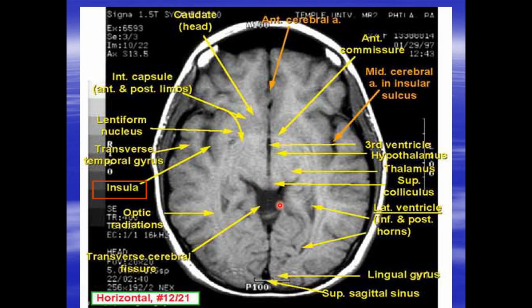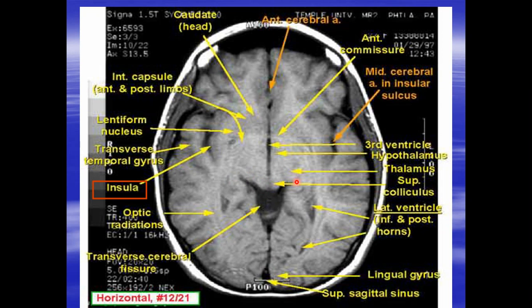And this structure here is a cistern, and you can see here the occipital horn of the lateral ventricle posteriorly, and on the medial aspect of the cerebral hemisphere you can see the lingual gyrus. And as we said, at the site of attachment of the falx cerebri to the dura, there is a space that contains venous blood, which is the superior sagittal sinus.